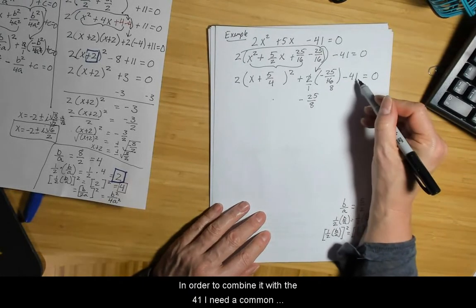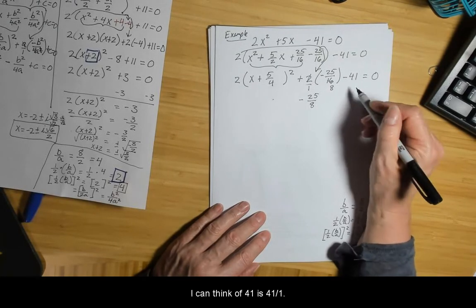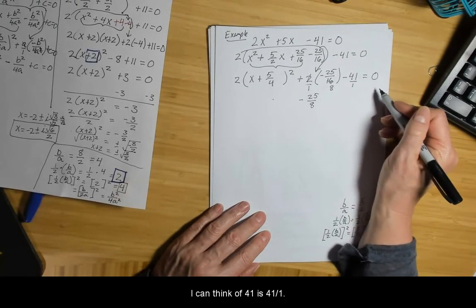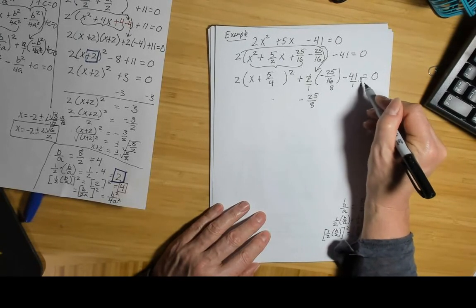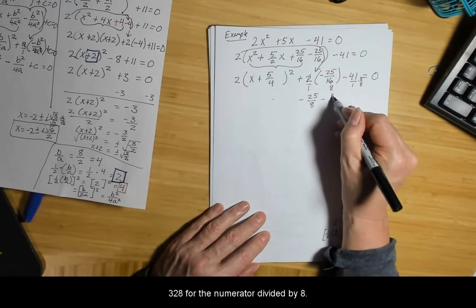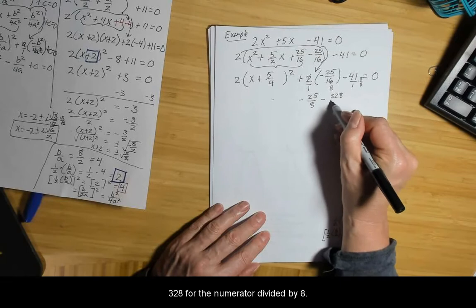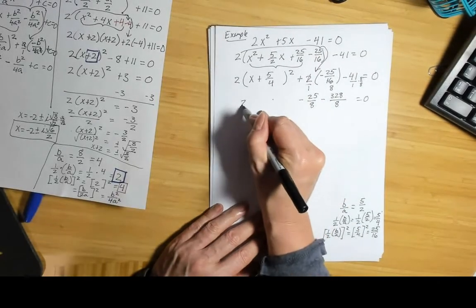In order to combine it with the 41, I need a common denominator, which will have to be 8. I can think of 41 as 41 over 1 and multiply by 8 over 8. This will give me 328 for the numerator divided by 8 equals 0.